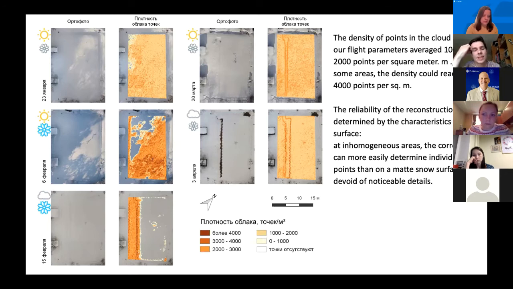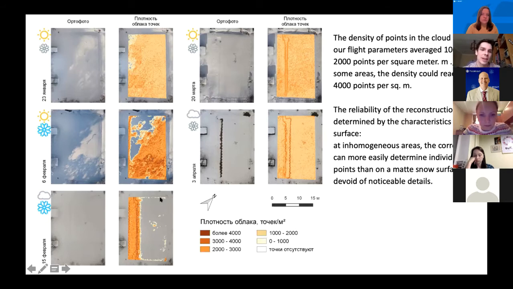But on some dates, as you can see here, for example, February 15 or February 6, we have some gaps. This is because in these areas, the surface, as I already mentioned, was too uniform to find any connections between images.